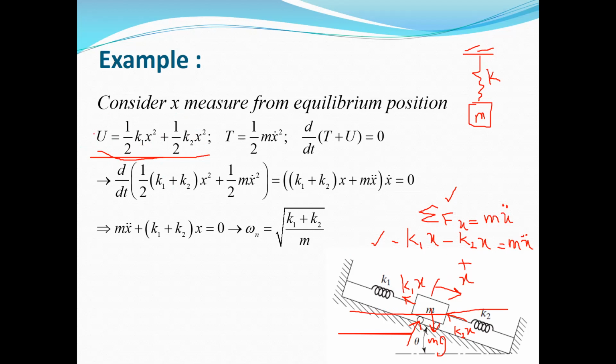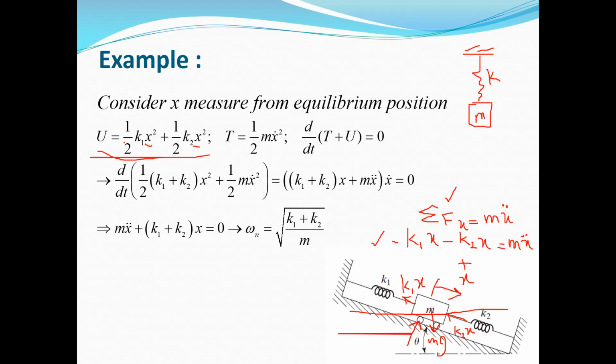But here we neglect this term for the previous reason: if you want to consider the weight in the potential energy, then in the elongation and reduction of the springs you should consider the initial deflection as well, and these terms will cancel out the weight during the motion. So we neglect these terms to simplify our calculations. We will have only the potential energy in the springs.